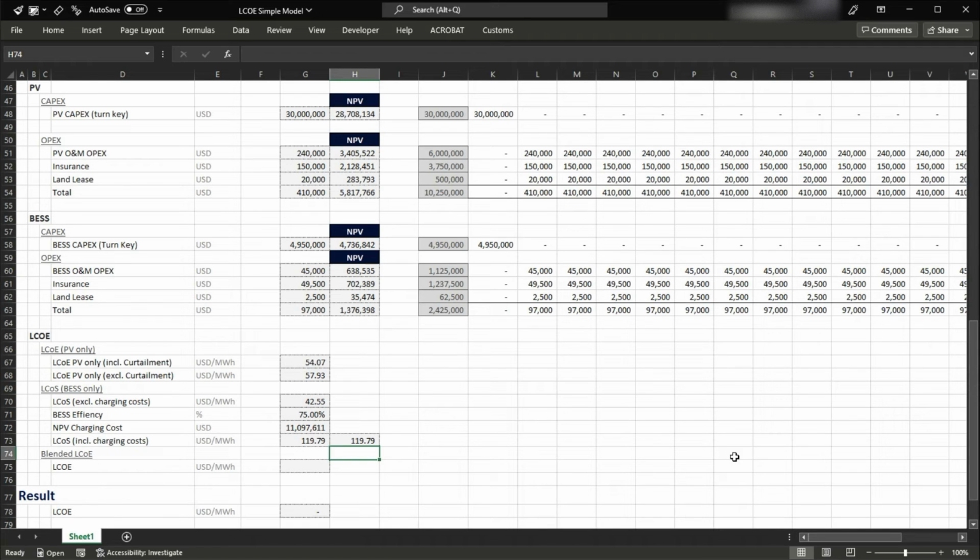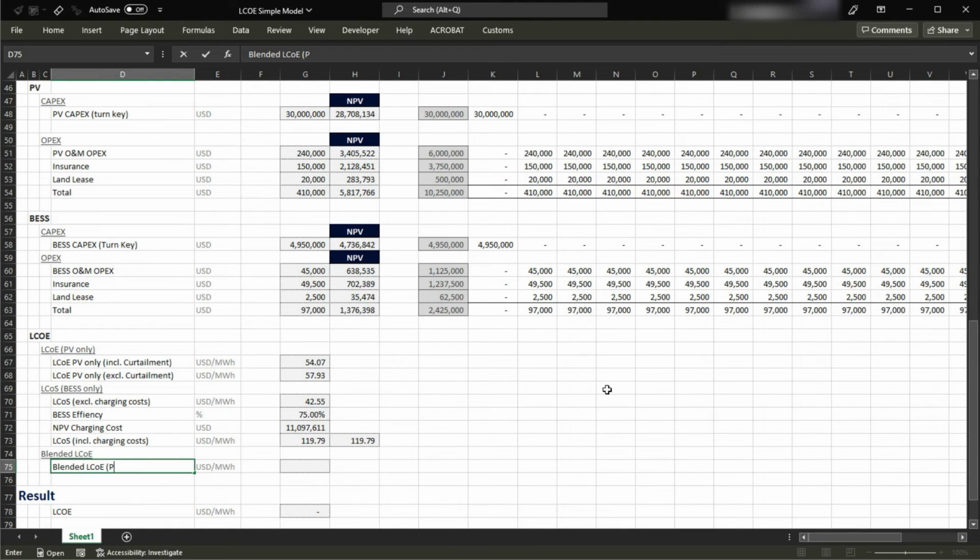Last, we are going to calculate the blended LCOE, which is the real levelized cost of electricity that the owner of this asset will pay. So here let me change this label to blended LCOE.